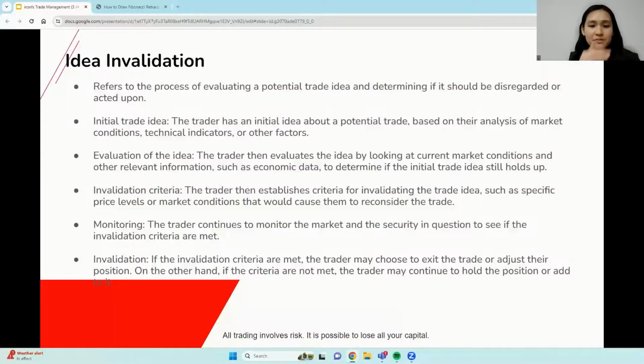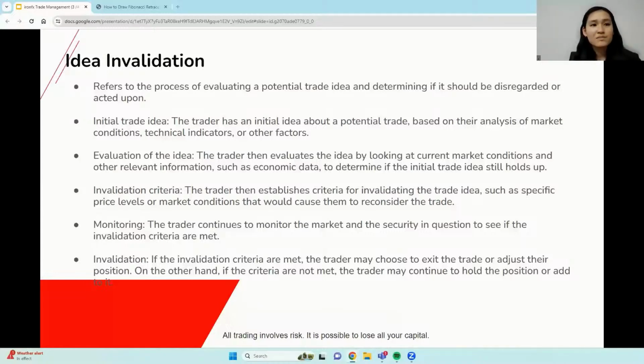Next, we have monitoring. Of course, after moving your stop loss levels, entry levels, or take profit levels, you would have to monitor the market and the security in question to see if the invalidation criteria are met.